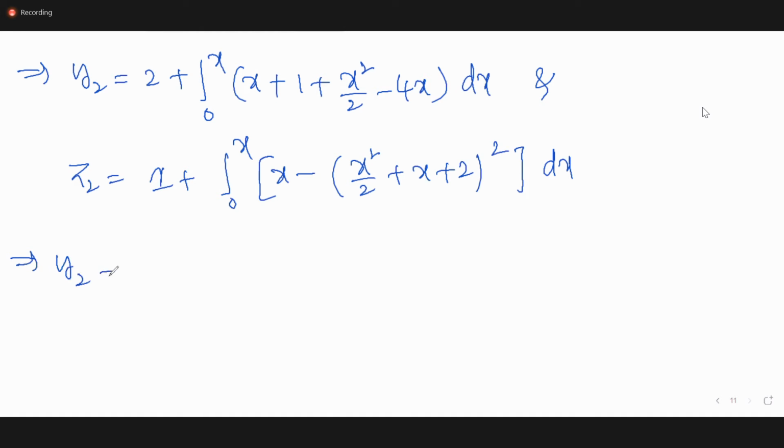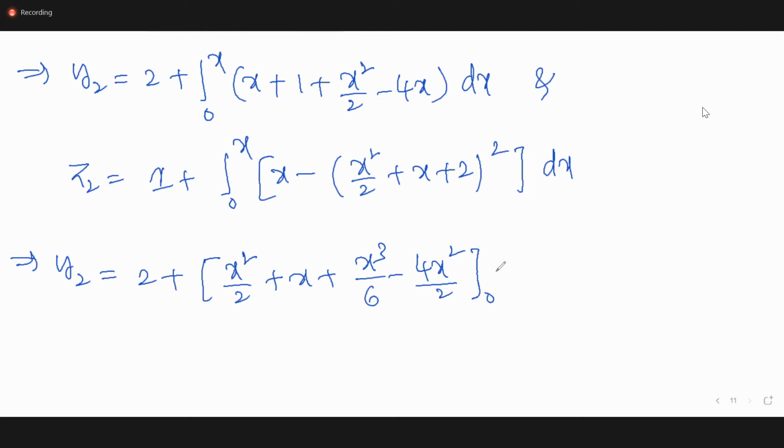So y2 is equal to 2 plus integration x square by 2 plus x cube by 6 minus 4x square by 2 from the limit 0 to x.